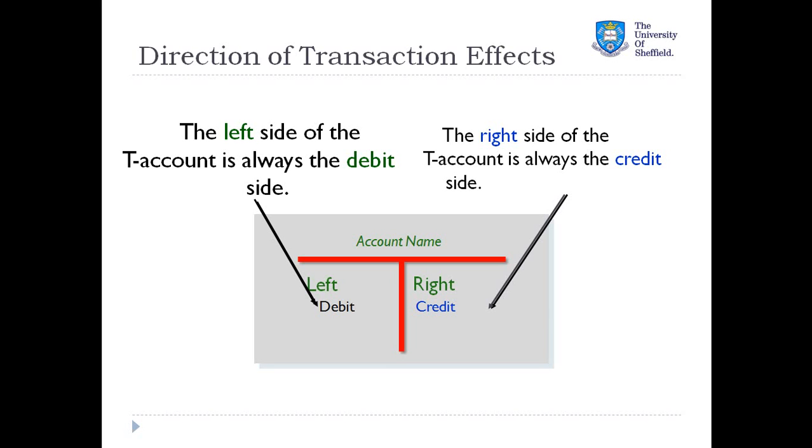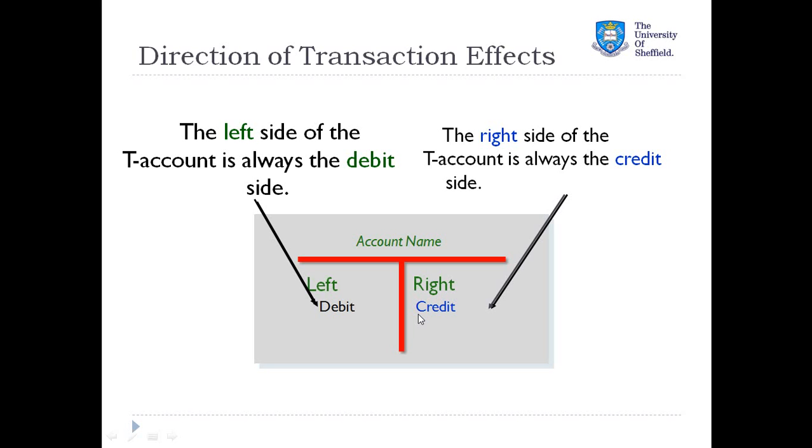On the left side of the T account, we have always the debit side. On the right side, we have always the credit side. So if a specific account is being debited, we record this debit on the left hand side, while we record every credit on the right side.